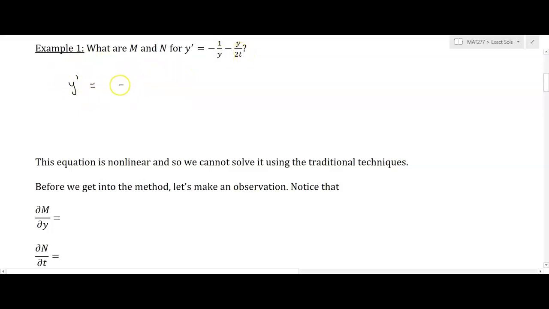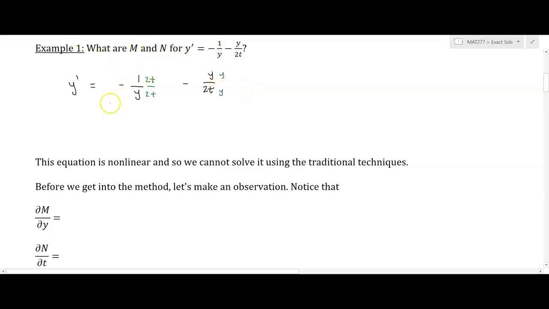So in the first fraction here, negative 1 over y, I see that the common denominator is, if I multiply this fraction top and bottom by 2t, and I multiply this fraction both top and bottom by y, I'll be able to get it into that correct form. So here I'll multiply by 2t on top and bottom. In the second term, minus y over 2t, I'm going to multiply top and bottom by y.